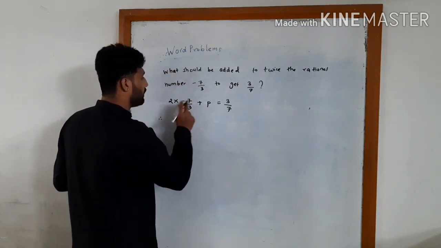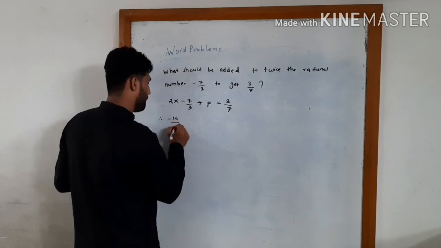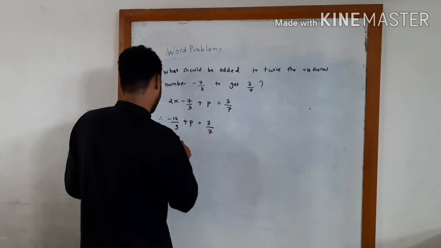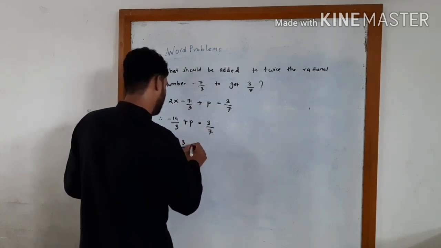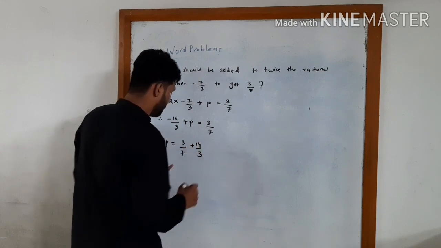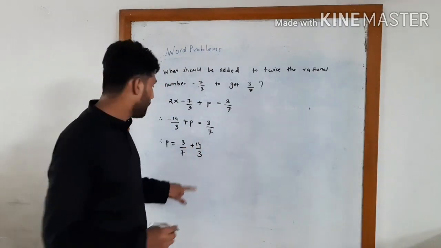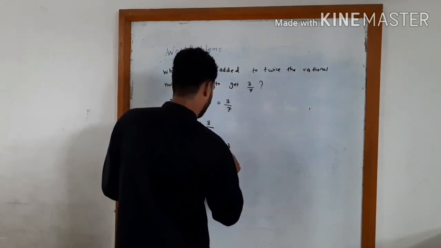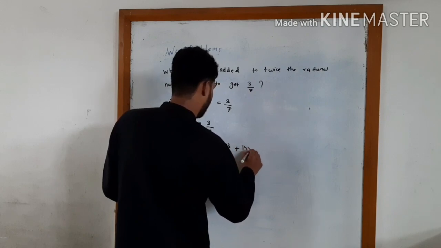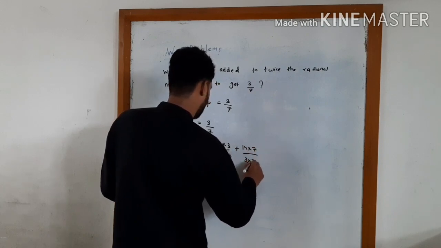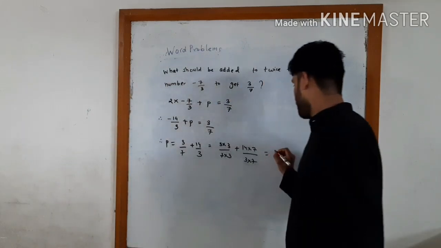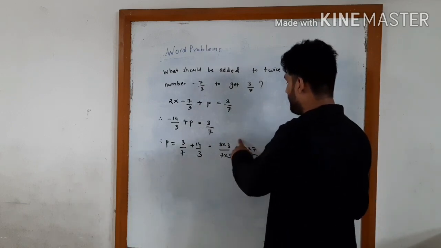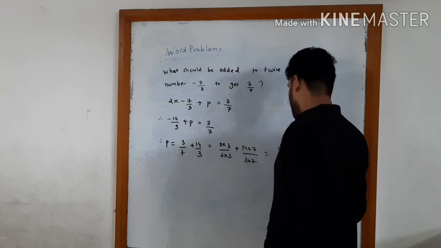Therefore, 2 into minus 7 is minus 14 by 3 plus P is equal to 3 by 7. Therefore, P is equal to 3 by 7 plus 14 by 3. The LCM of 7 and 3 is 21. So we have 3 into 3 upon 7 into 3 plus 14 into 7 upon 3 into 7. So we have 9 plus 98 upon 21.